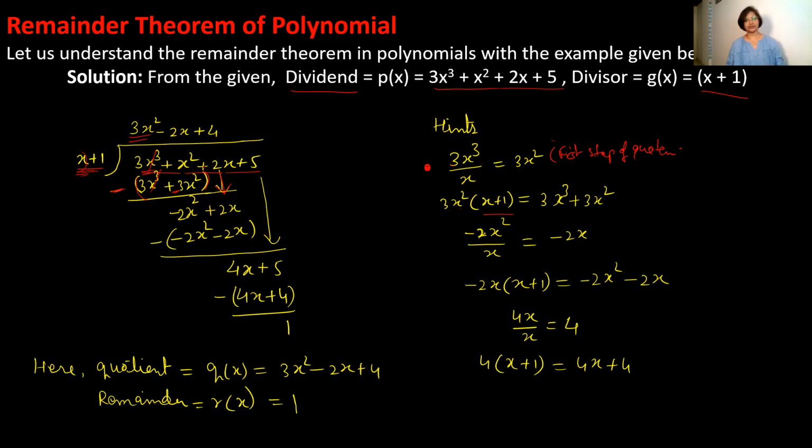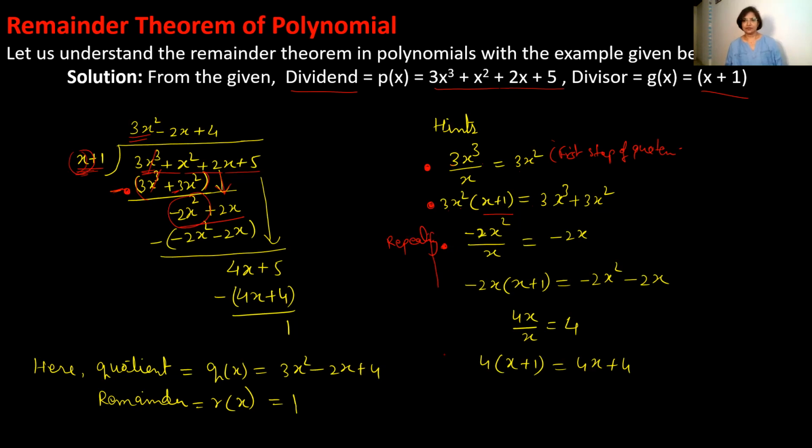If it is minus 2x here, you have to pull it down with a minus sign, right? So now again we will follow the same steps. The dividend is this, and we are dividing this by this. Look here, this is the repeating. From here we are repeating the steps. Okay, this is the second step and this is the third step.